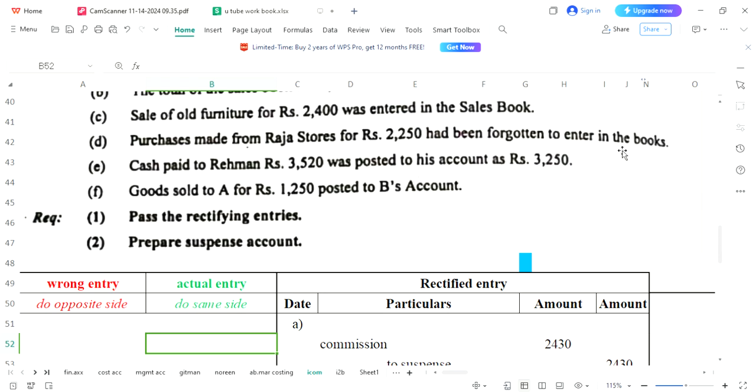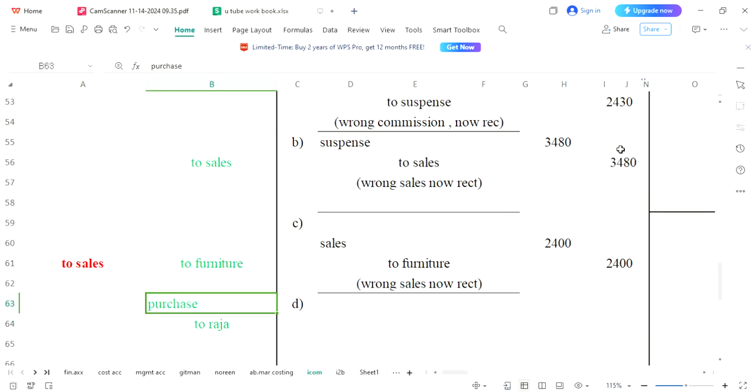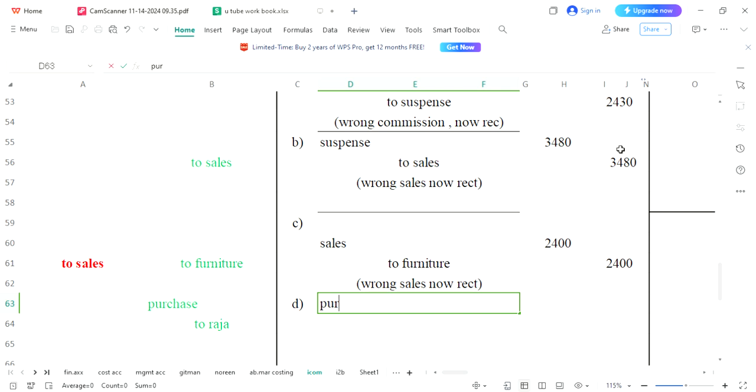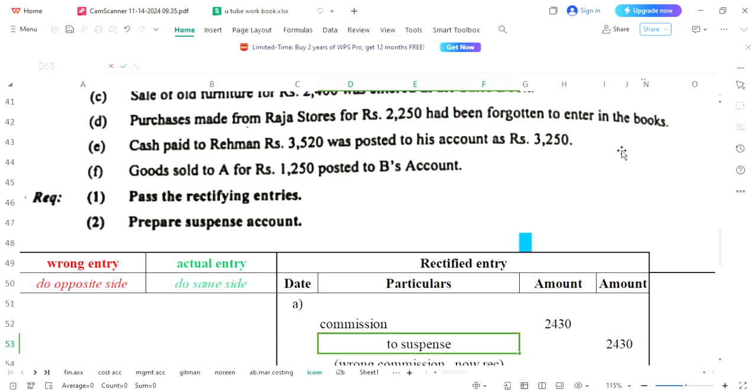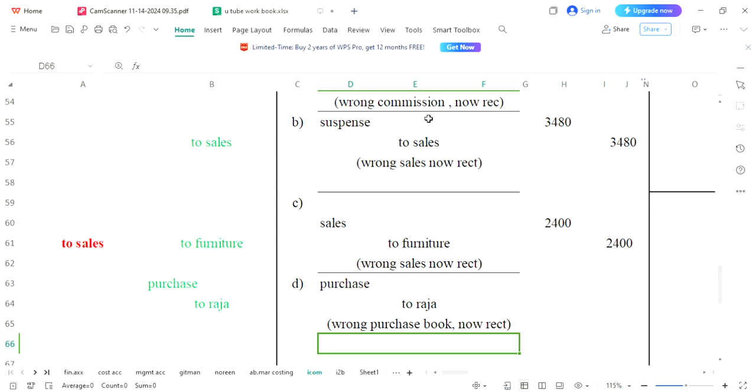That means both debit and credit have been missed. So if it is missed, we will write both entries. Purchase to Raja to rectify it. Wrong purchase book now rectified. Let's see the D entry amount, that is 2250. Write down 2250 on debit, and the same amount we will write on the credit side. In this way D entry has been completed.